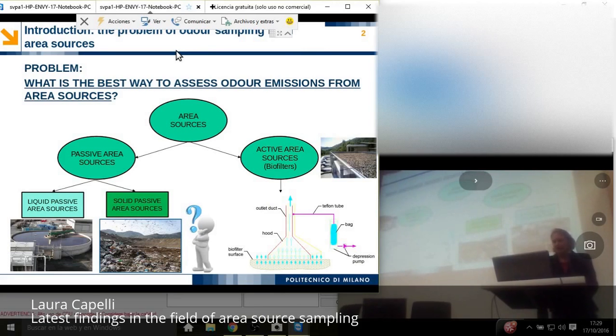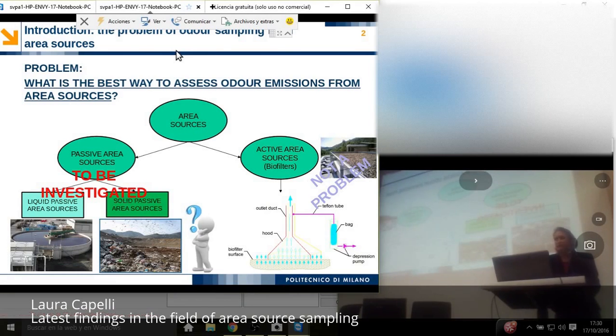Historically, area sources have been divided into active area sources, which are typically also not too much of a problem because there is a sampling methodology that is widely accepted that foresees the use of static hoods that in some way make the active area source, as a biofilter for example, similar to a point source.